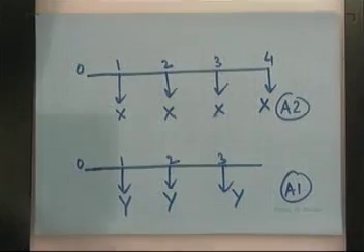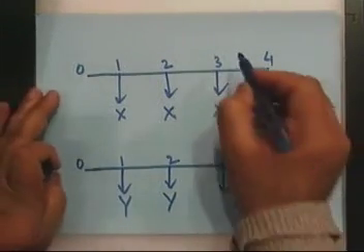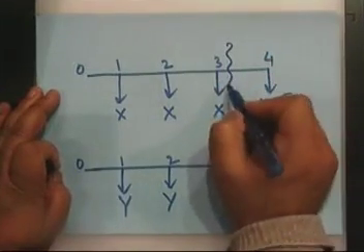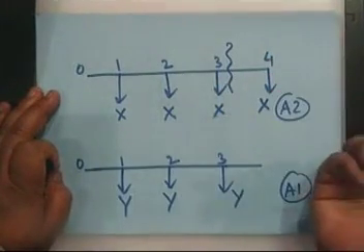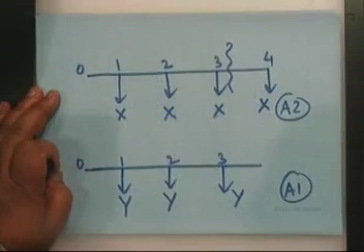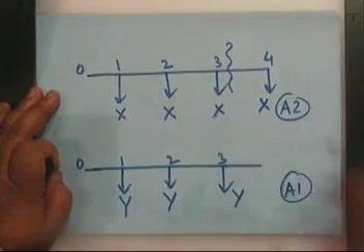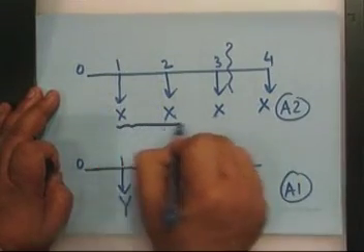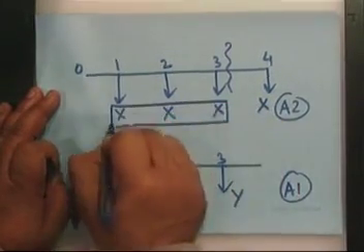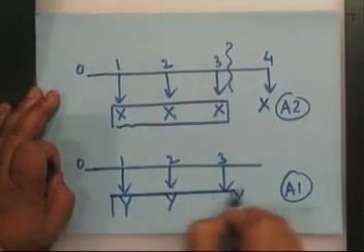Now, as far as the study period method is concerned, you forget what is happening after 3 years, because you have considered the study period as 3 years. So, here you find the value x and here you find the value y.